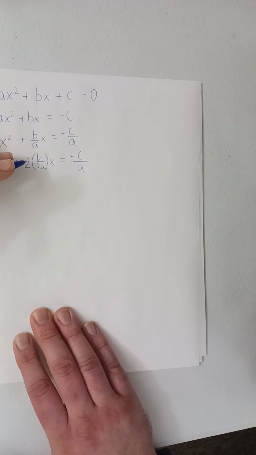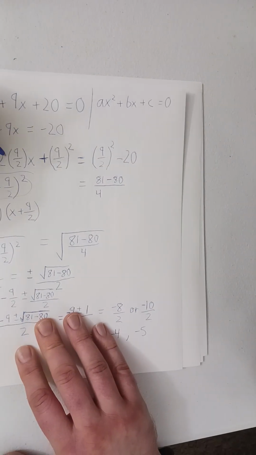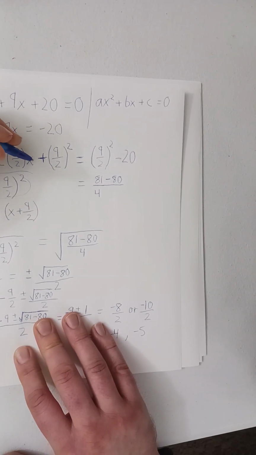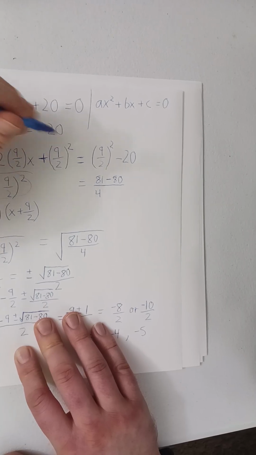So now we're going to actually do the, remember we took 2 times 9 divided by 2x, and then we did 9 divided by 2 squared. So when we do this, we're going to add this to both sides.